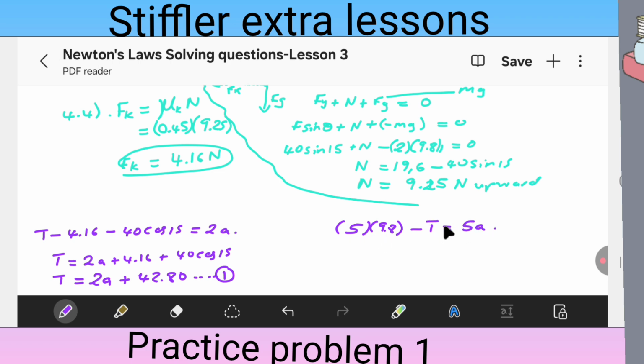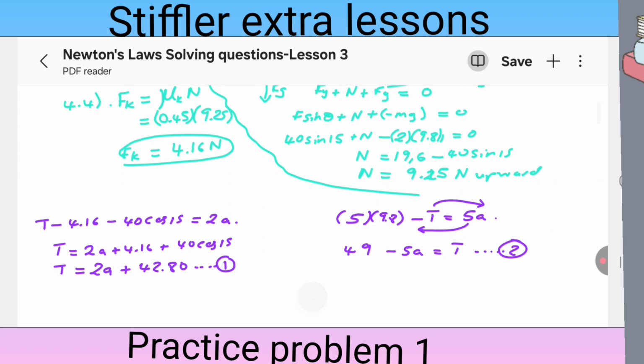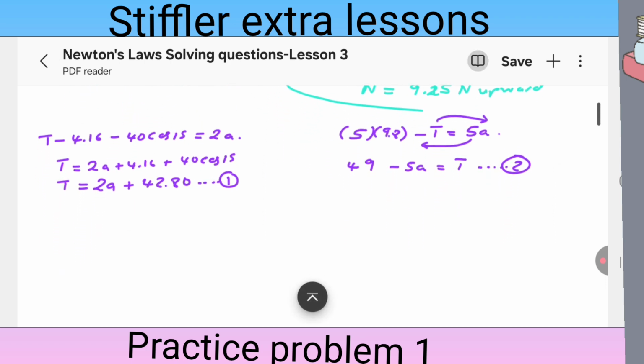So let's rearrange, taking T to that side and 5a to this side. So now 5 multiplied by 9.8 will give us 49. So 49 minus 5a will be equivalent to tension. So this can be our equation 2. So now we have 2 equations that we can solve simultaneously to get our acceleration.